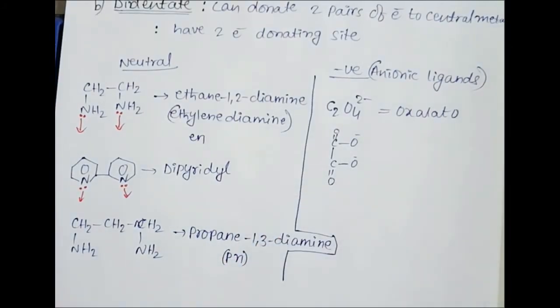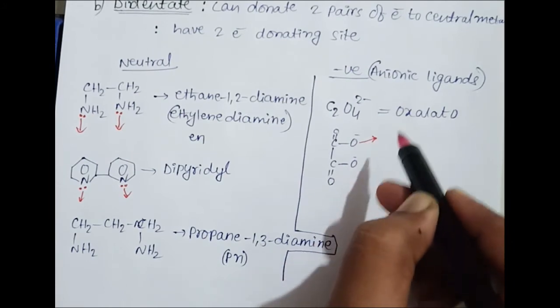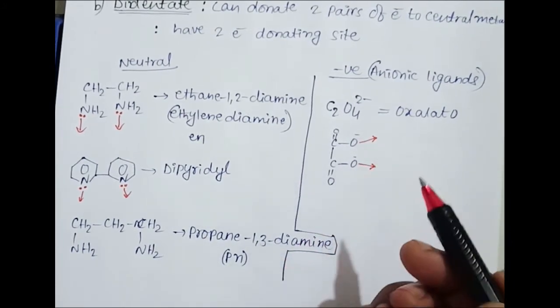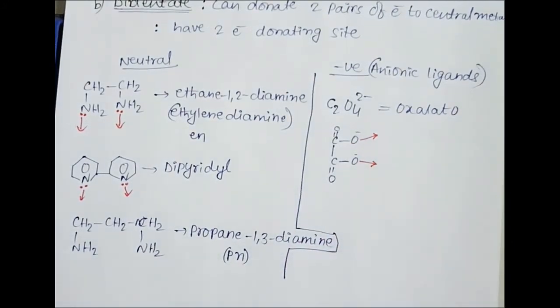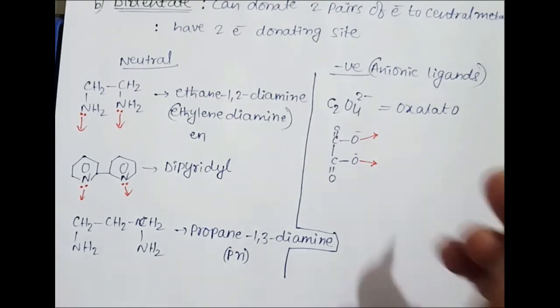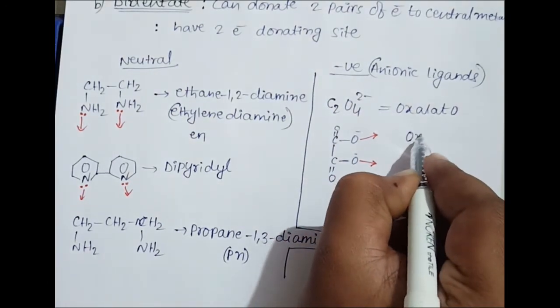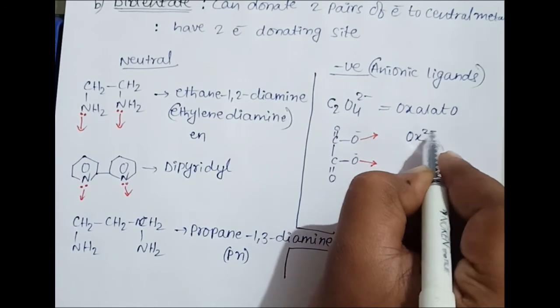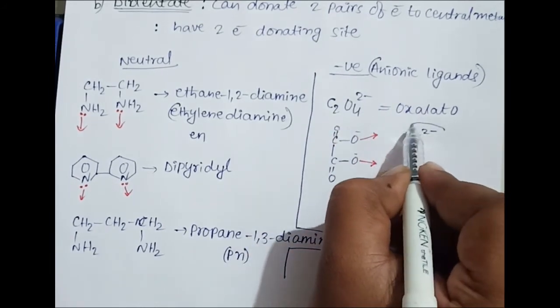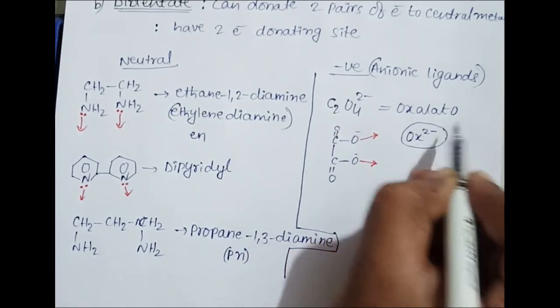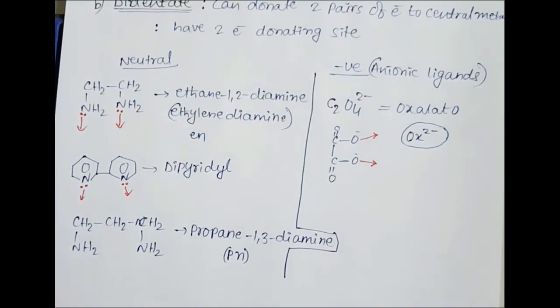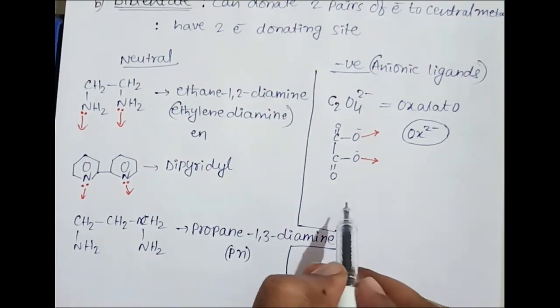This oxygen gives one pair of electrons, this oxygen gives another pair, therefore it is a didentate ligand. The symbol we use is ox 2-. In this chapter many times you will see ox 2-, which means oxalato ligand.